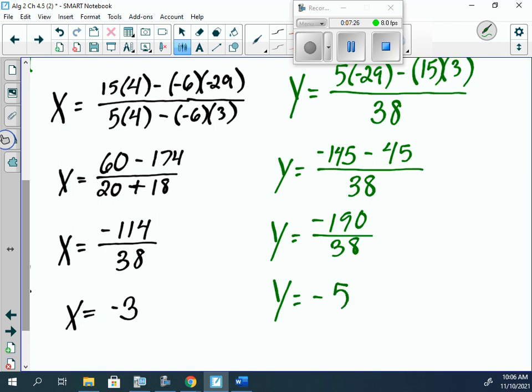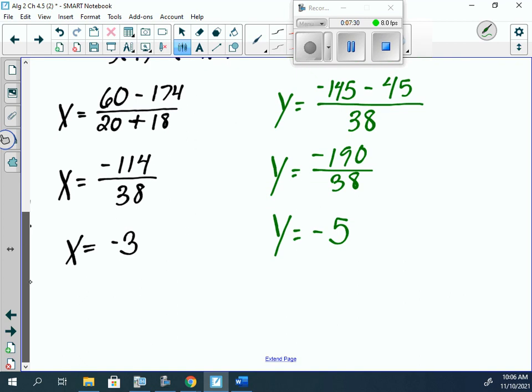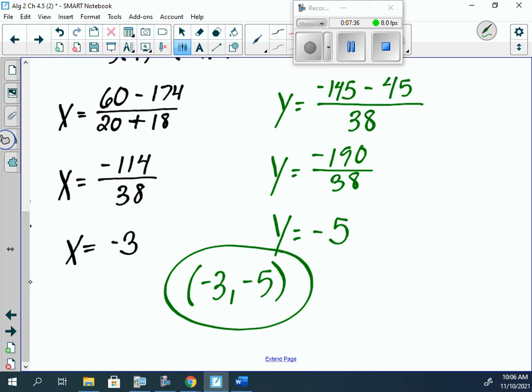And I want to say negative 5. So the solution for this is the point negative 3, negative 5. Questions on this here? Ready for the next one?